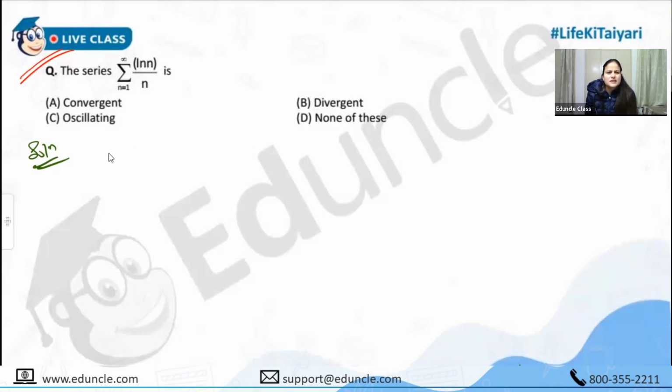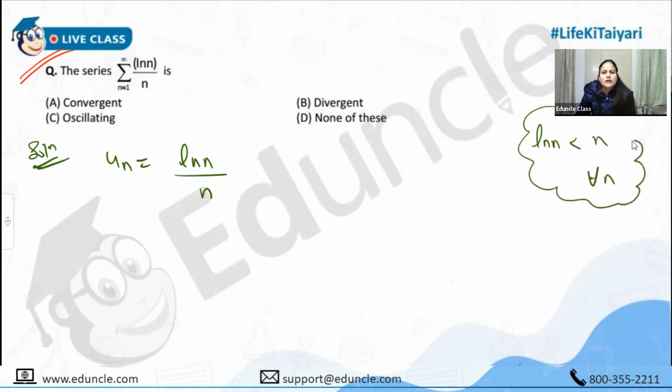It is divergent clearly. ln n upon n. You can apply here Cauchy's condensation test or first logarithm test, first comparison test, because we have a relation between ln n and n. As we know, ln n is always strictly less than n for every n.